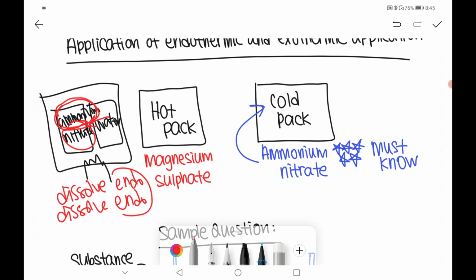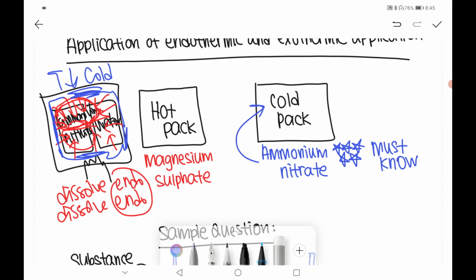Endothermic means they absorb heat from the surrounding. So the surrounding has less energy, the temperature will go down, and it becomes cold. That's why this is a cold pack.